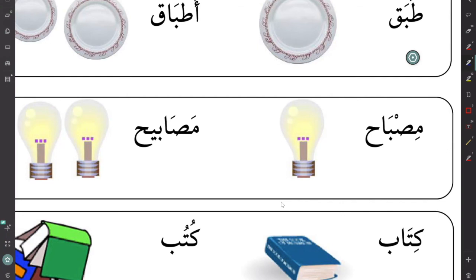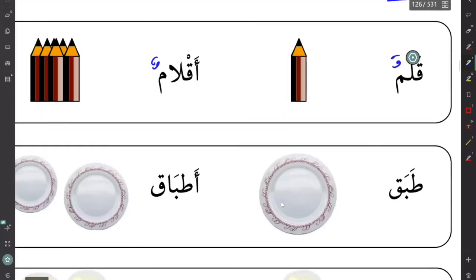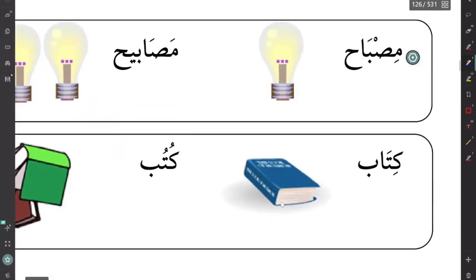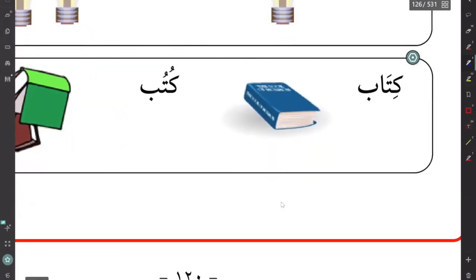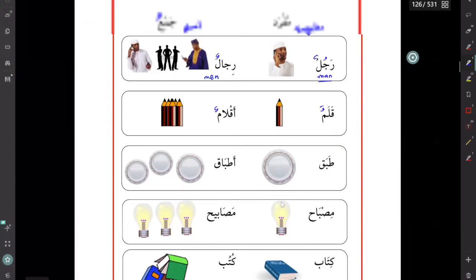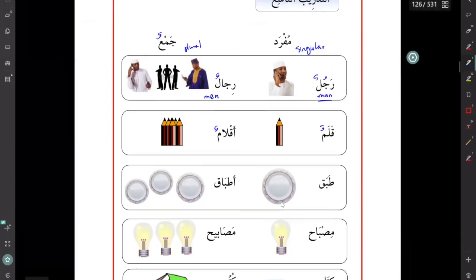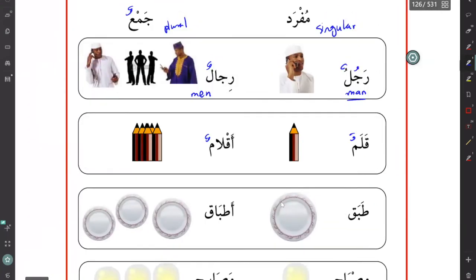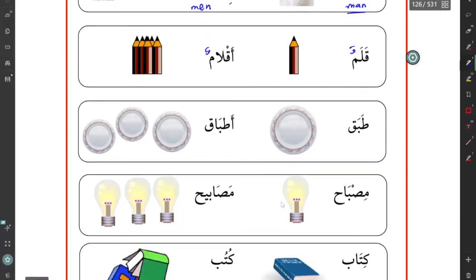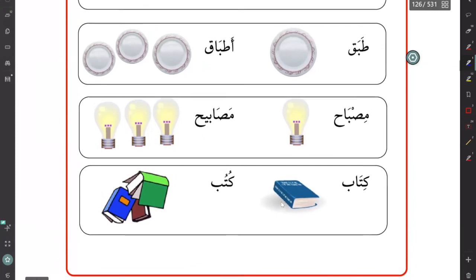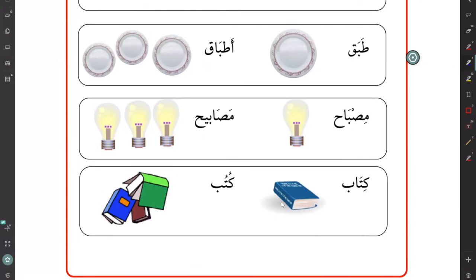You see that they have different patterns, they are not in the same pattern, so you have to memorize them. Kitabun, kutub. So you have to pay attention and start memorizing the plurals for the words. Again, rajul, rijal. Qalam, aqlam. Tabaq, atbaq. Misbah, masabih. Kitab, kutub. You need to memorize them side by side like that.